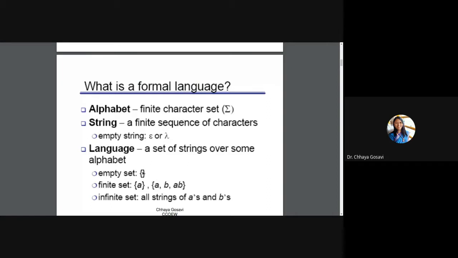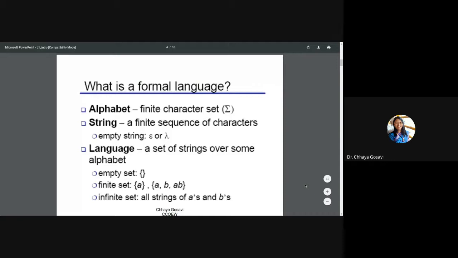A string can be an empty string, opening and closing curly brace or blank double quotes. It can be a finite set, only with character A, or characters A, B and combinations of A, B like this. There can be many examples of finite sets, or there can be an infinite set.